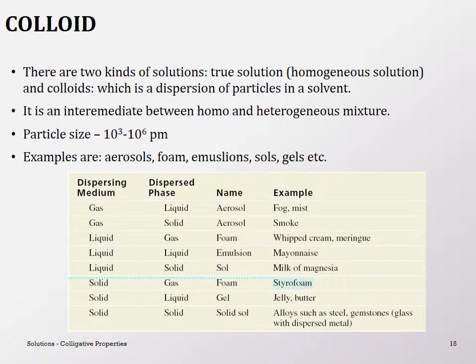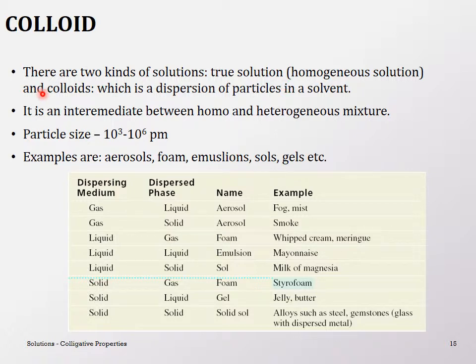And then we have a special kind of solution which we call a colloid. We talked about different solutions before, as in dilute, concentrated, and all that. But here is another classification of solutions: something called a true solution, and then colloids. A true solution is a homogeneous solution, meaning you cannot tell whether you have a solution or not.